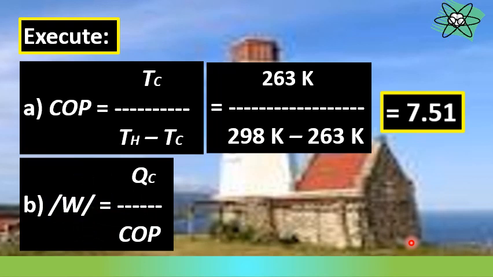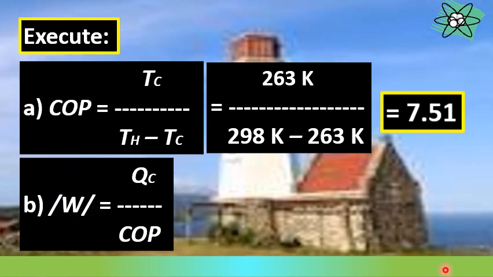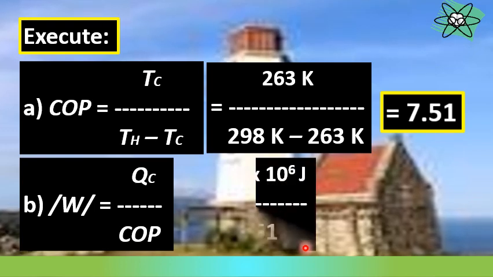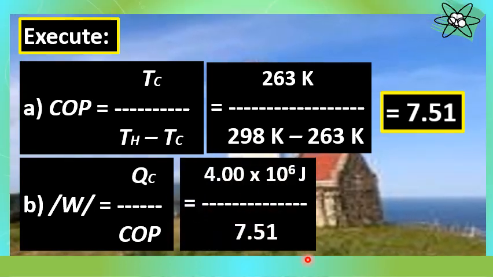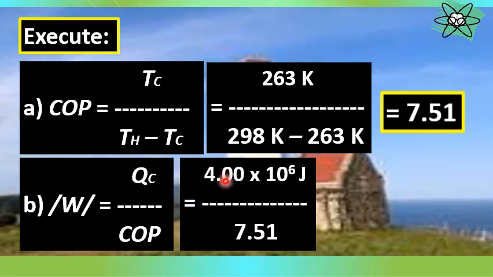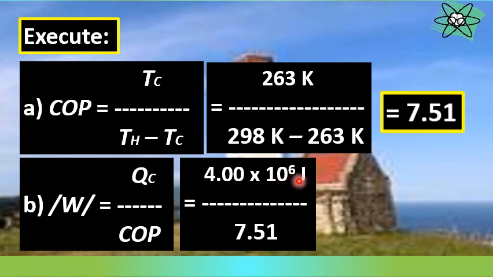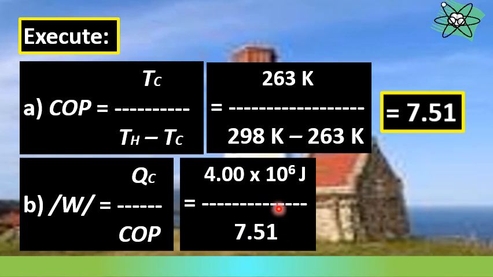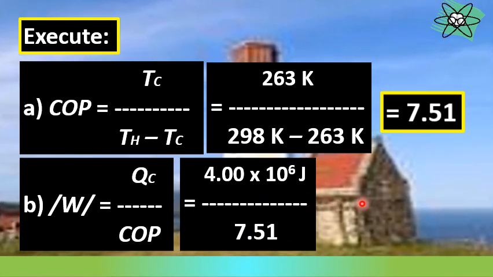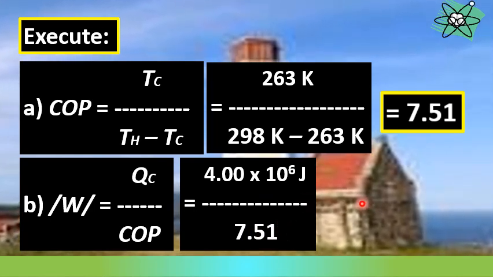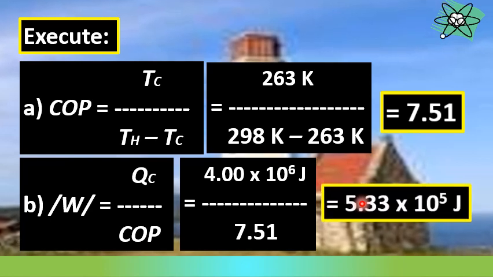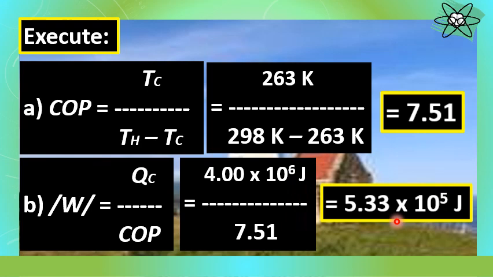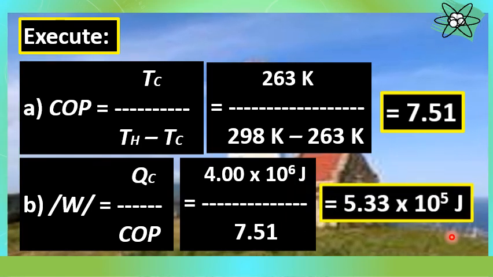That is for question letter B. We just divide the value of QC, 4.00 times 10 to the 6 joules, by 7.51. Again, doing our math, we get the magnitude of the work done by the motor in the compressor equal to 5.33 times 10 to the 5th joules.